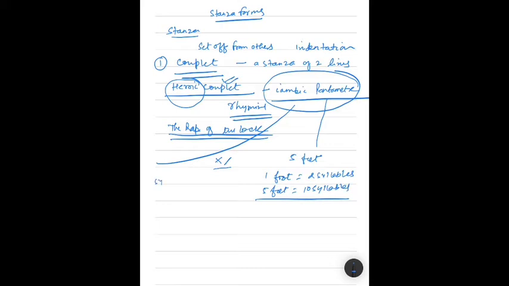Syllable, I think all of you know, when you pronounce a word, you take some pauses, and those pauses make breaks in a sentence, and that forms the syllable. Or you can say the vowel sounds, whatever vowel sounds come in a sentence, they form a syllable.